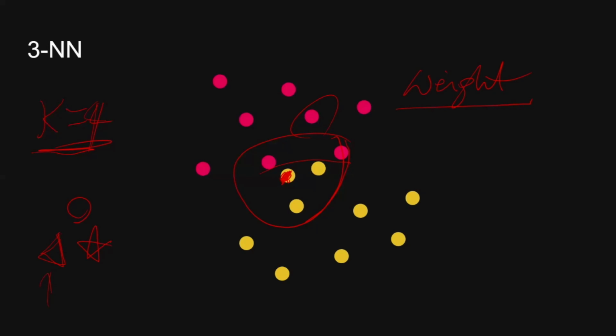So if you think about it, this is not the perfectly good example, but it is not fair to give an equal weight to all those neighbors. You may instead argue that the neighbors that are close to the query point should be weighted more, whereas the neighbors that are further apart from the query point should be weighted less.